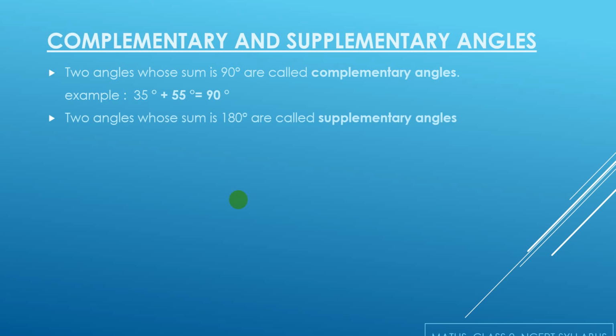And if I want to find the supplement of an angle, I can find it by subtracting it from 180 degrees. These two should not be confused. Complementary angles are 90 degrees and supplementary angles are equal to 180 degrees. You can remember it by S for supplementary and S for straight. So supplementary angles turn out to be 180 degrees.